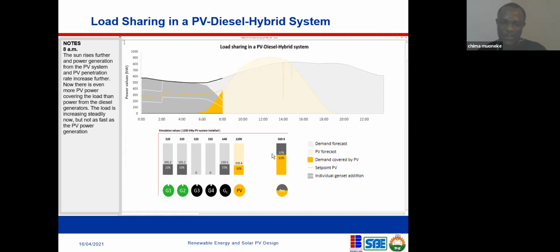A lot of things could damage. So you need these two generators to be running so that if there is a shadow, if there is a reduction in production from the solar system, the two capacity combined, which is going to give you 640, is greater than this. It can take care of this at any time. That's why you have two generators running. And this is 8 a.m.